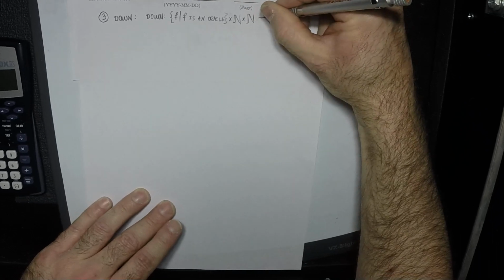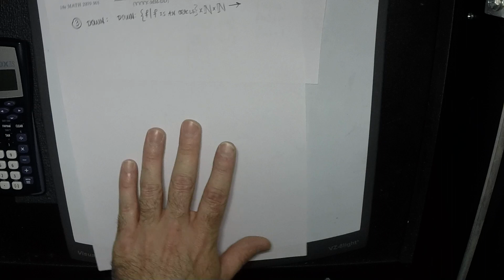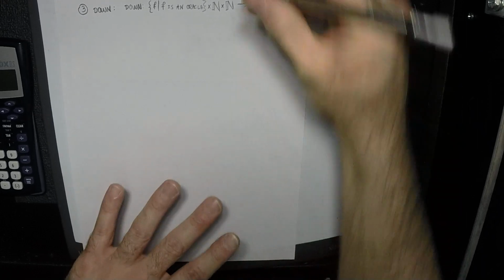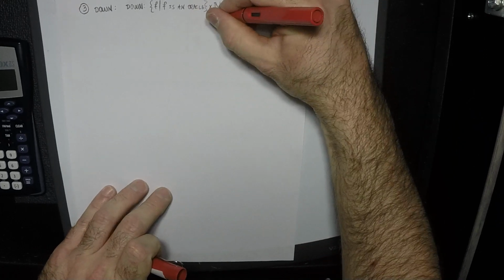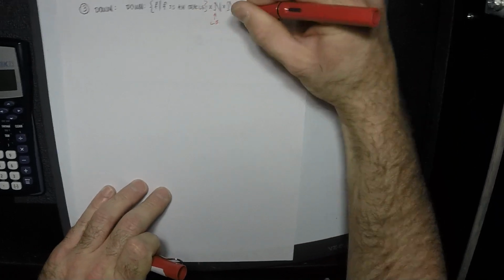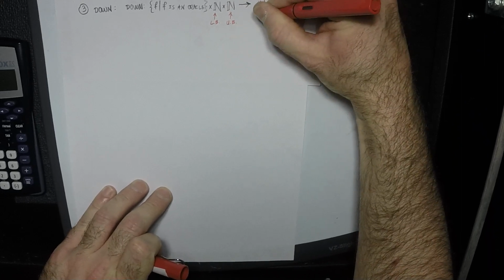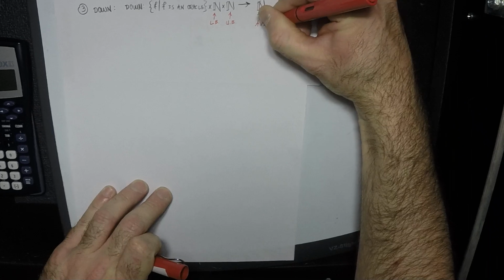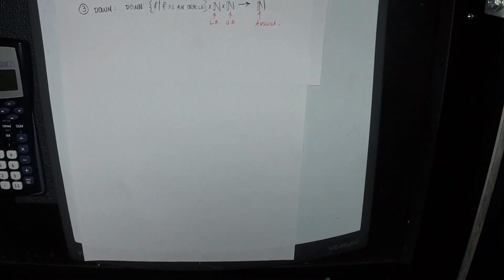And then what kind of thing does it produce? A natural, right? The answer, whatever it is. So this one is the lower bound, this one is the upper bound, and the output, of course, is the answer. Okay.